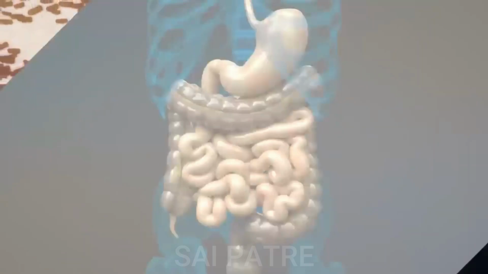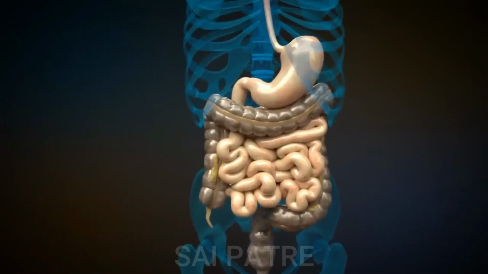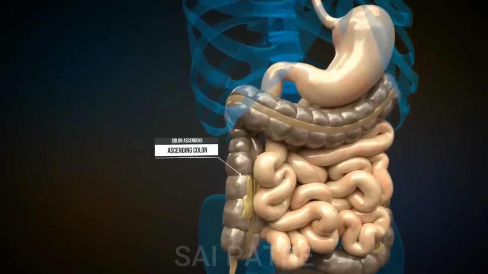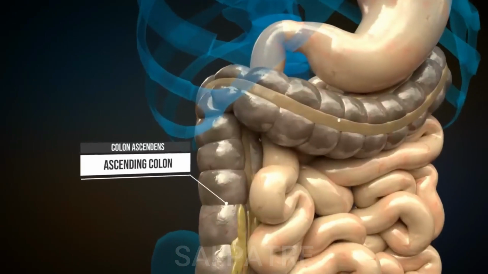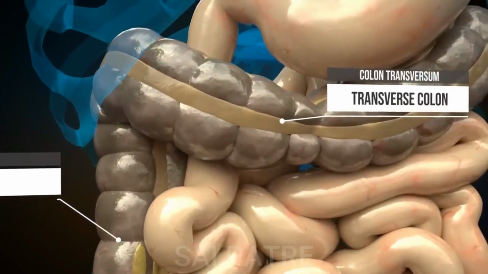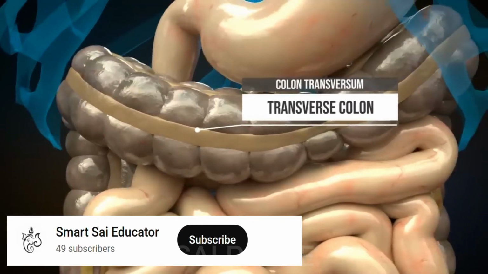They are important for many other tasks such as production of vitamins and the decomposition of fibers for the body's energy production. Many of these bacteria are an important part of the immune system by killing harmful germs. Due to peristalsis, the chyme is transported from the ascending colon to the transverse colon to the descending colon.